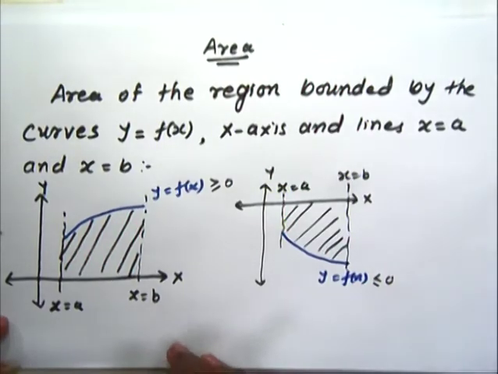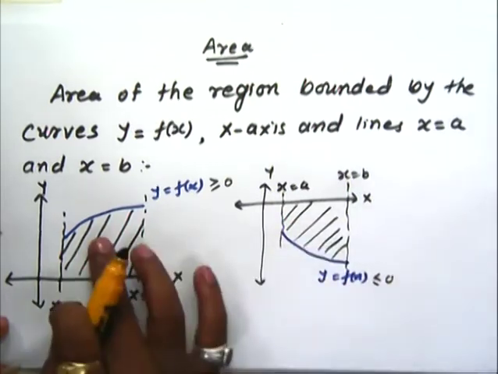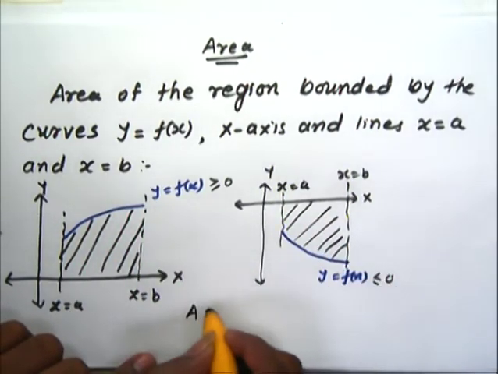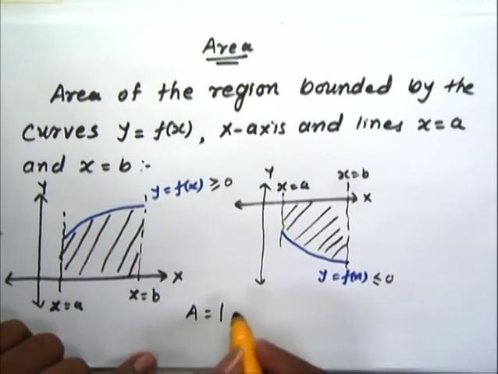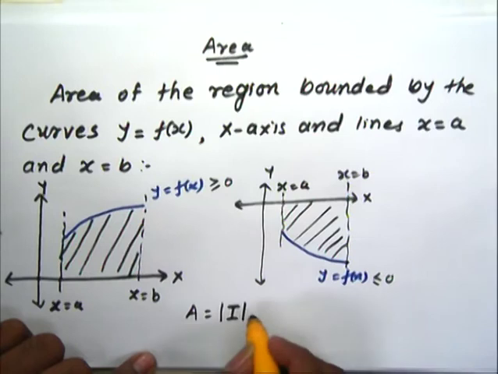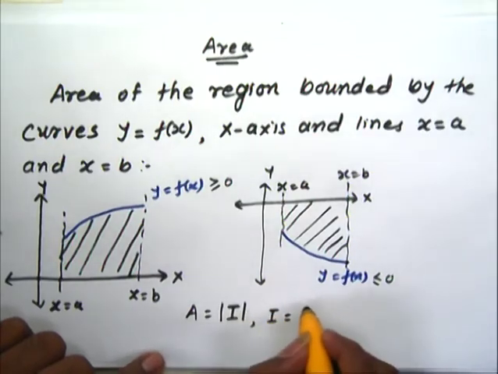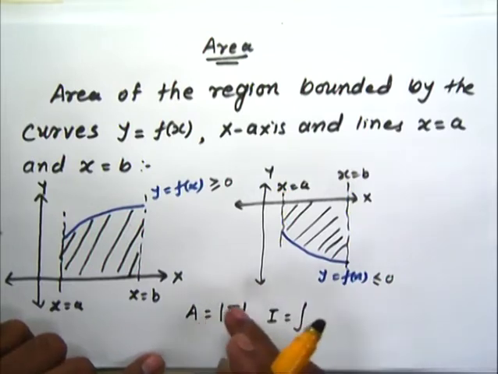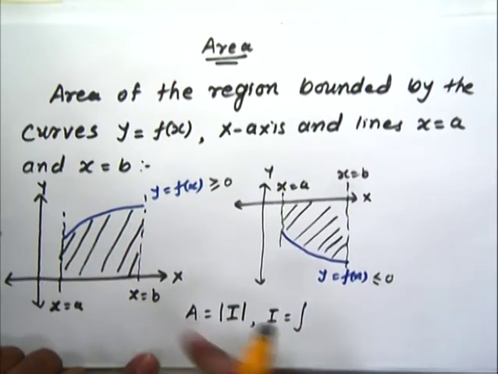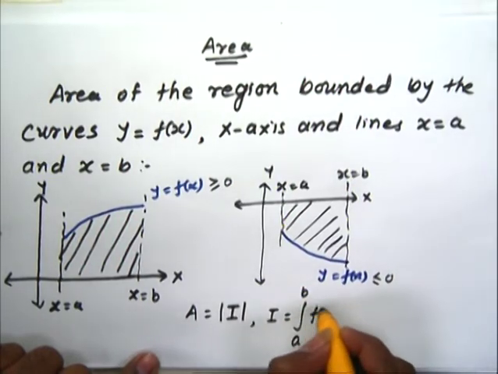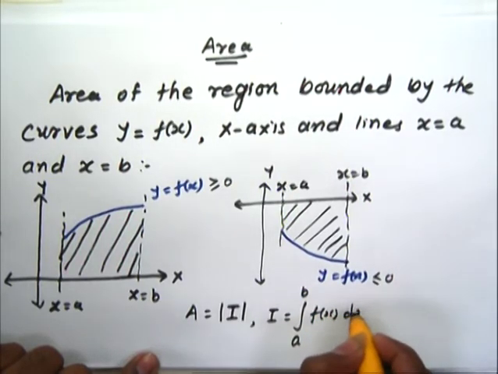So what is the formula to find the area of this region? The formula is area A equal to modulus I. And what is I? Where I equal to integration a to b f(x) dx.